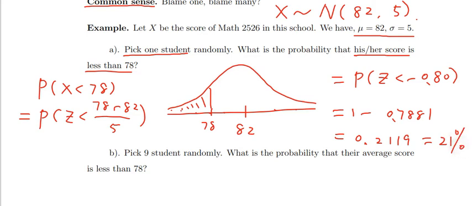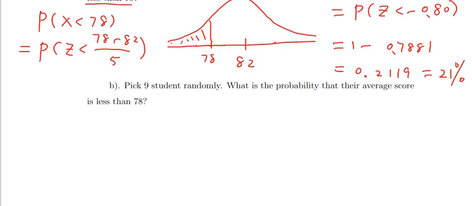There is a 21% chance that the student's score is below 78. If 78 is a cutoff point for a good score, then there is a 21% chance for a worse score.